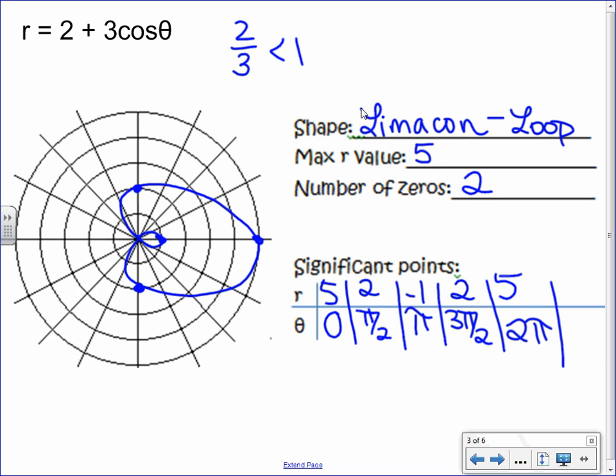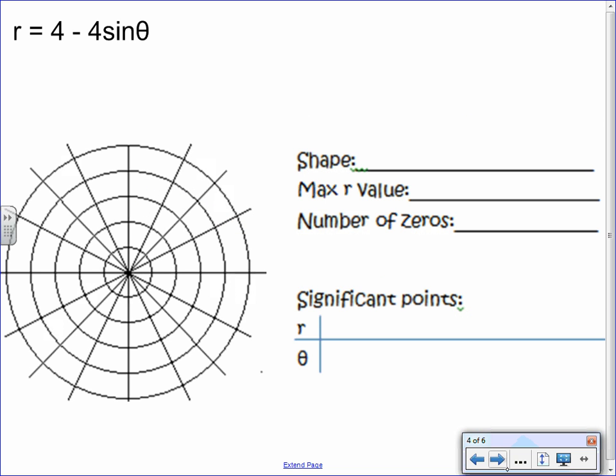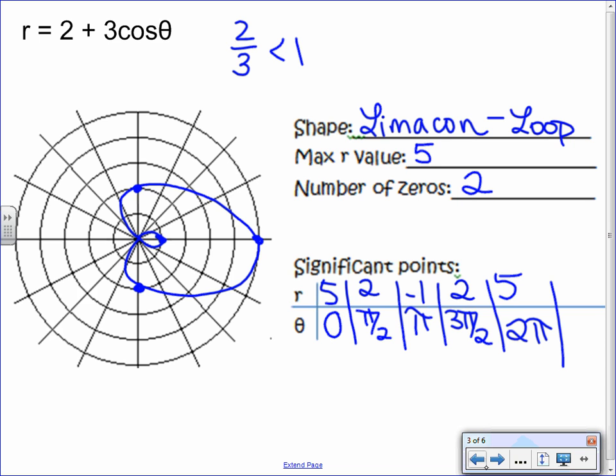Okay. Keep that in mind. Next one. Okay, now, I guess before we go on, for the roses and the circles, I said 2 or 3 significant points is fine. For our limacons, I want all of the axes, because that's how you did the shape. Okay?